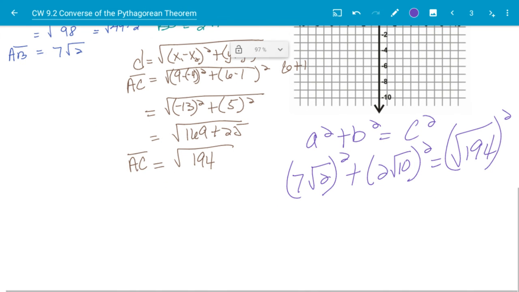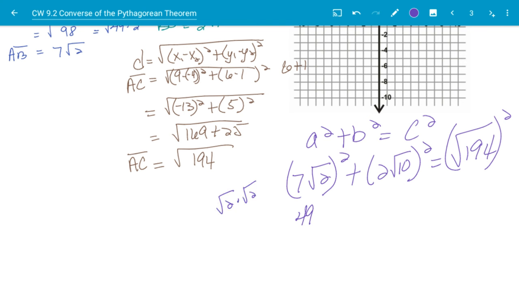So 7 squared is 49, and the square root of 2 times the square root of 2 is 2. Anytime you take a square root and you square it, your answer is always what is underneath there, called the radicand. So this is going to be 49 times 2 plus 2 squared, which is 4, times 10, is equal to 194.